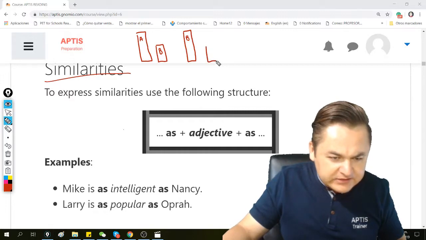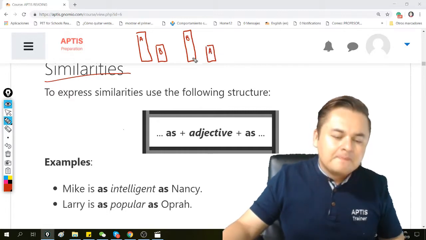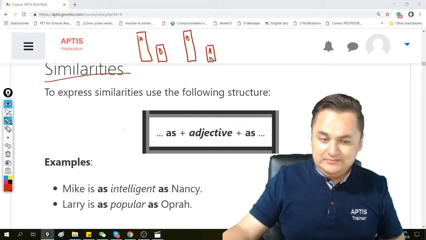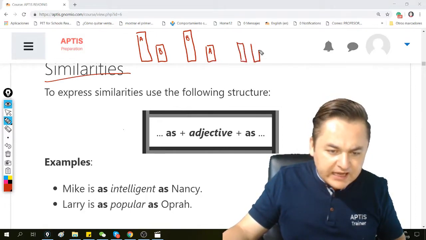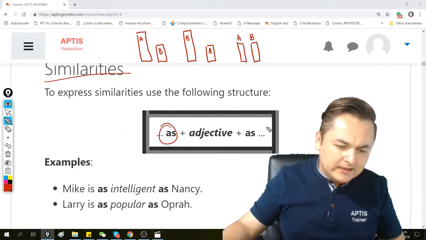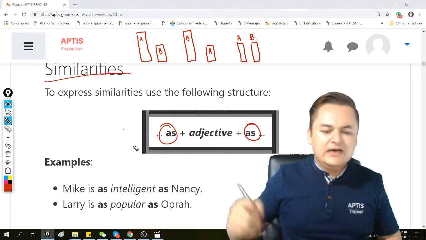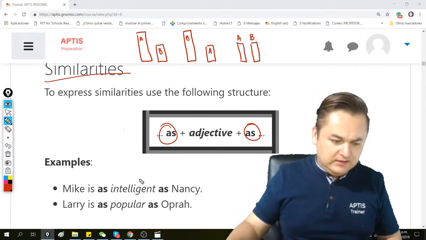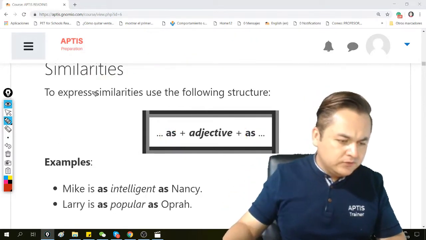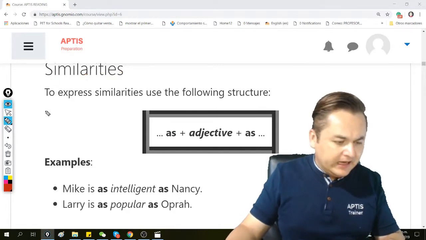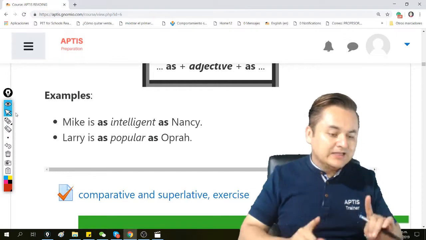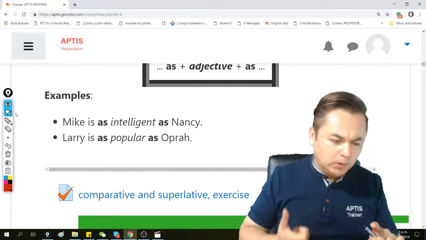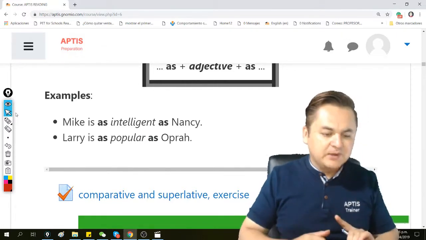Then here I am going to say that B is taller than A. But in this case, both are the same, both A and B. So I can say A is as tall as B. This is the comparative you want to use to express similarity. For example, you say Mike is as intelligent as Nancy, or Larry is as popular as Oprah.